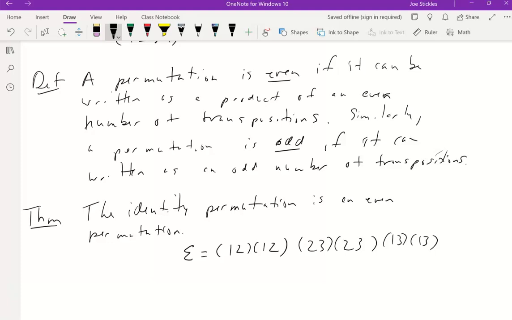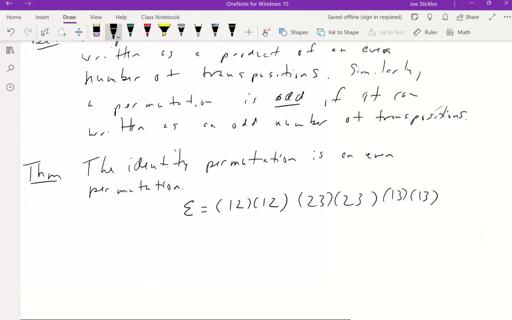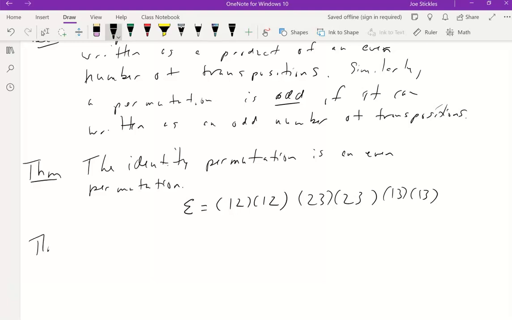So since the identity permutation is an even permutation, you can prove that every permutation is either even or odd, but not both.